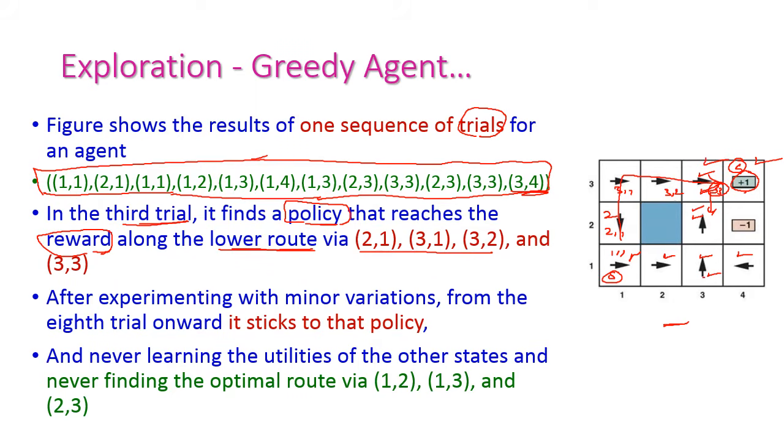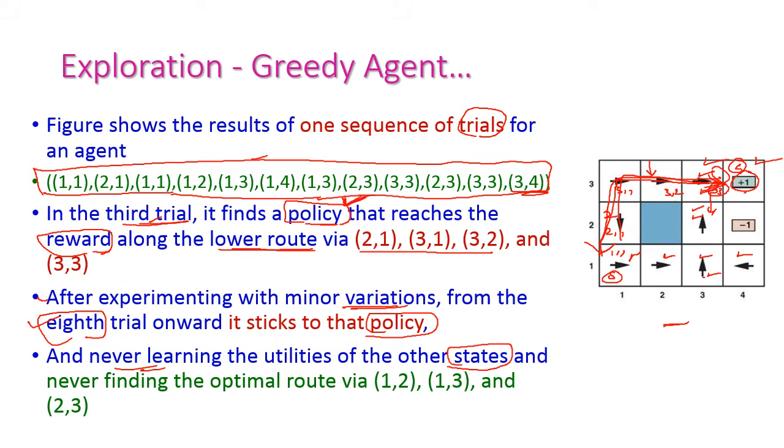Hence it will fix some policy based on the reward. After experimenting with minor variations, from the 8th trial onwards, it sticks to that policy. So in the third trial it identifies a policy and follows only this particular route. Once it finds a policy, the agent will fine-tune only that particular policy route and it never learns the other states.